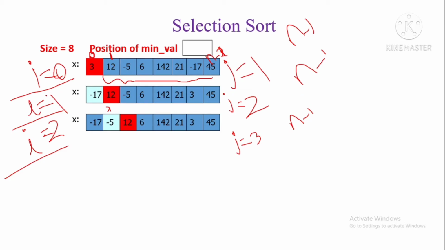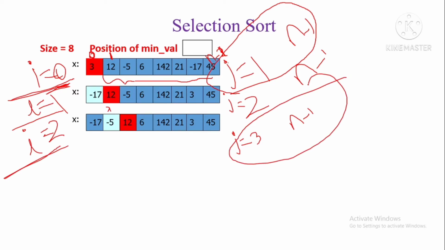For each and every element of I, I have to find the minimal element in this range. So every time for each value of I, I have to run this and then find out the minimal element. So this is going to be one loop.